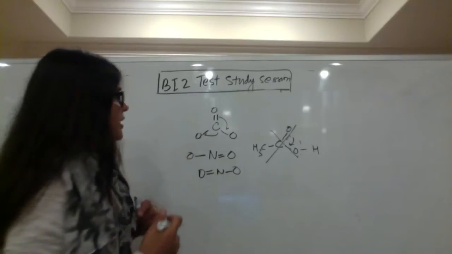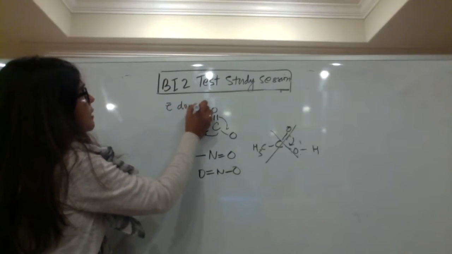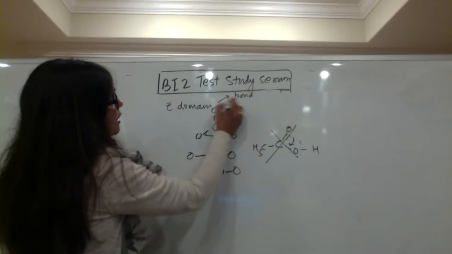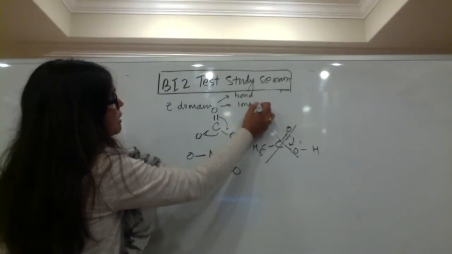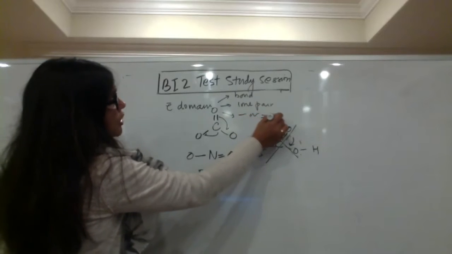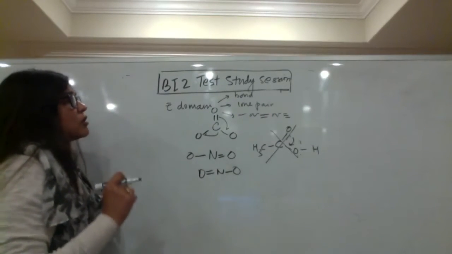That's called hybridization. Now, as we say electron domain, we may mean 3 things. We may mean a bond, we may mean a lone pair, we may mean a single or a double or a triple bond. All of these are just one electron domain.